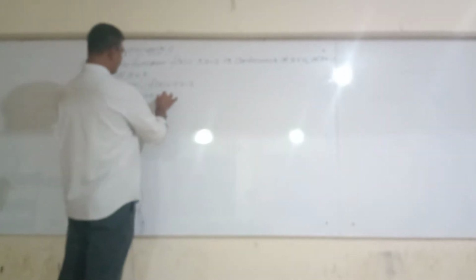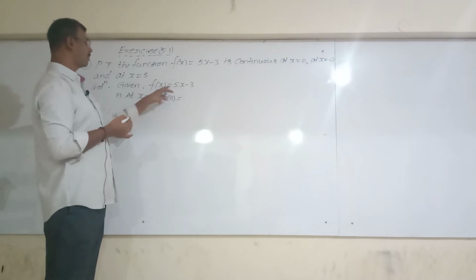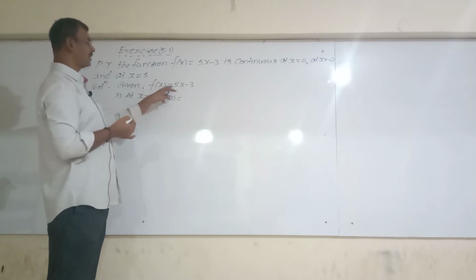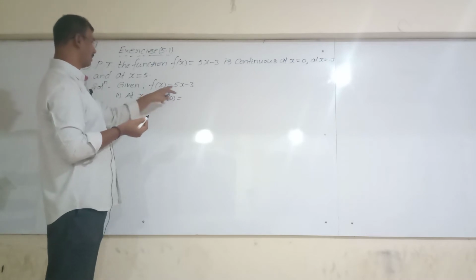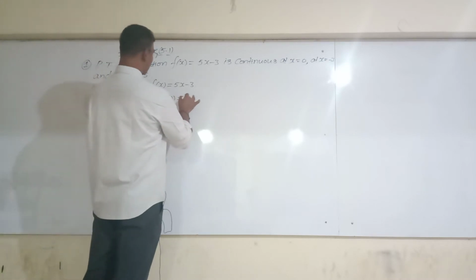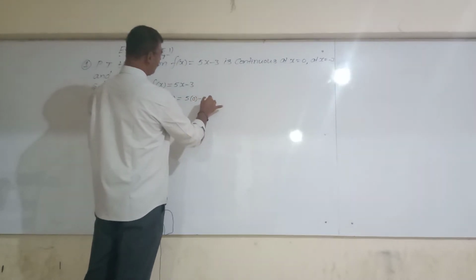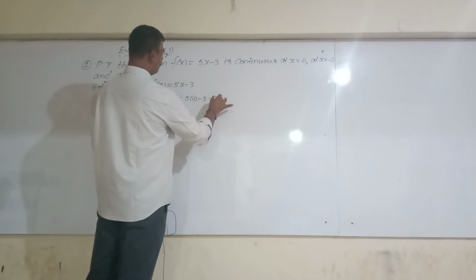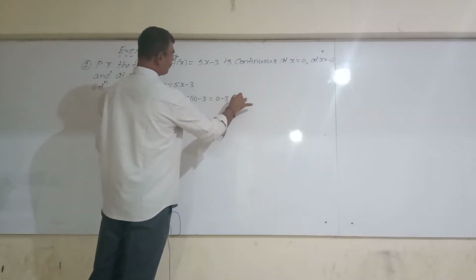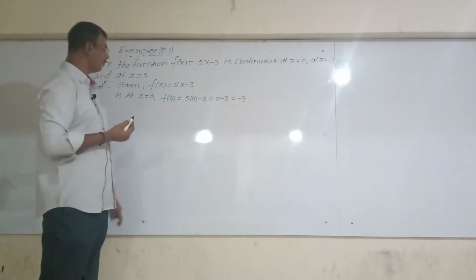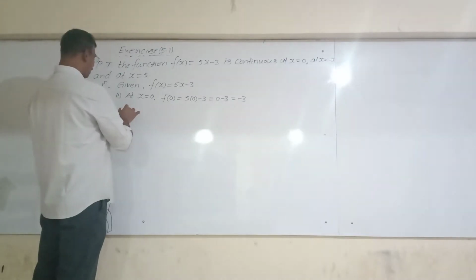At x is equal to 0, I find f of 0. f of 0 means fill in the condition here, so put x is equal to 0, replacing x by 0. f of 0 equals 5 into 0 minus 3. This equals 0 minus 3 equals minus 3.